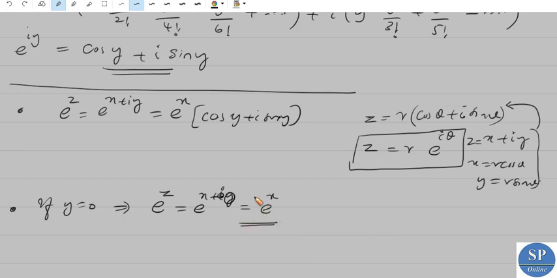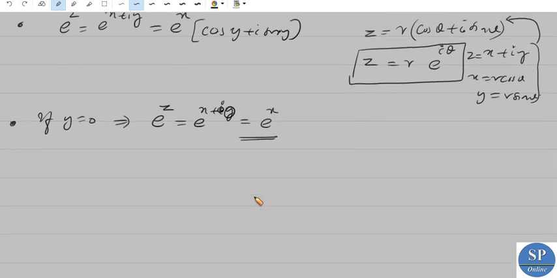Now we can check the analyticity of the exponential function. It is analytic everywhere in the complex plane. That is, e^z is an entire function.